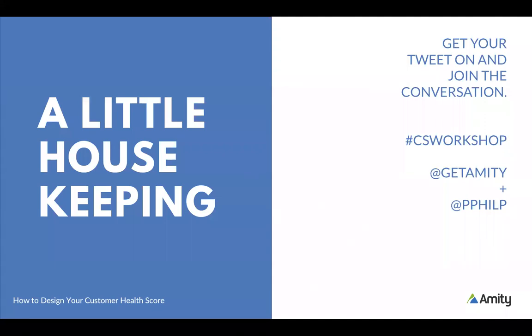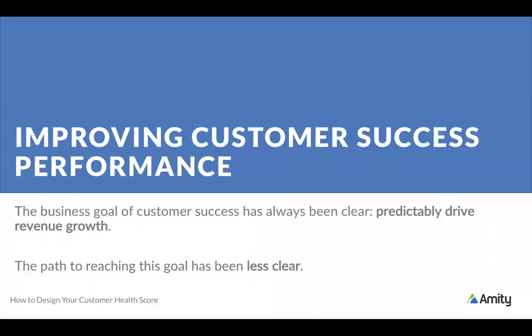So let's kick in. The goal of any work that we do in a practical customer success workshop has to be to improve customer success performance. And at Amity, we've been doing a lot of thinking about this.